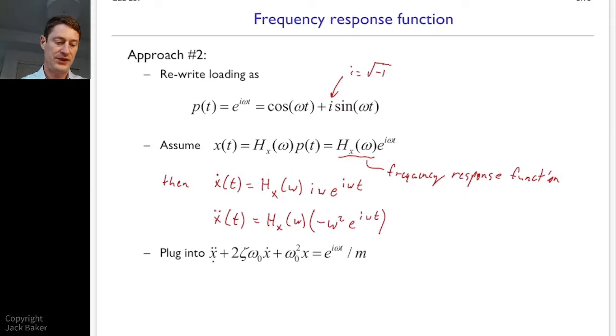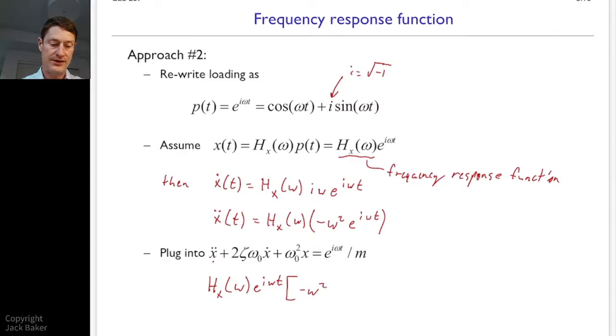So let's just start by pulling those out front here. So I have the frequency response function, H sub x of omega, e to the i omega t. And then now let's put the rest of the stuff inside square brackets. So for the x double dot term, all I have left is the minus omega squared.